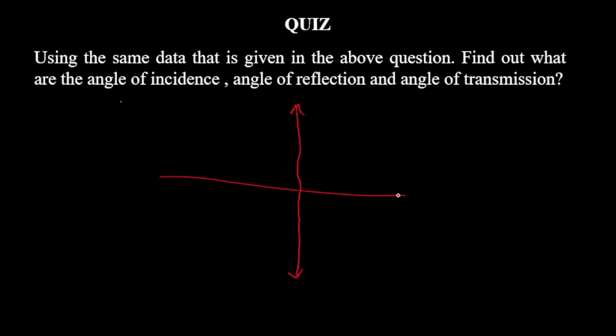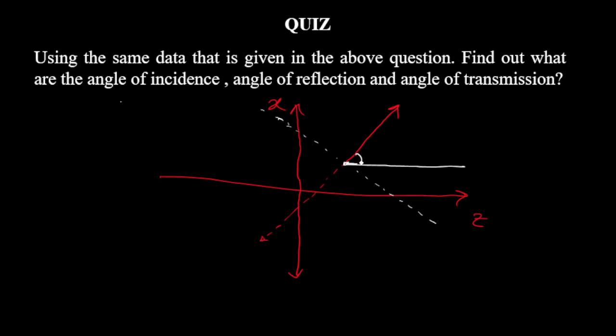So this is the xz plane, with the z-axis and x-axis, and this was the interface, and you know the equation of the normal also. This is the unit normal to this interface. Then we have to consider that the electromagnetic wave is incident at this point, this way.